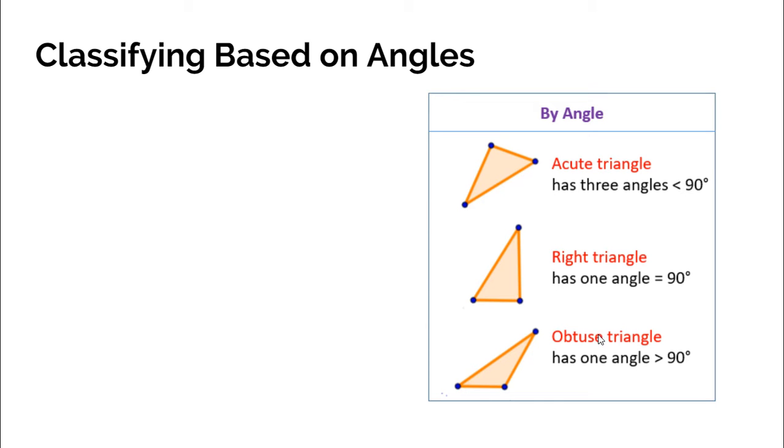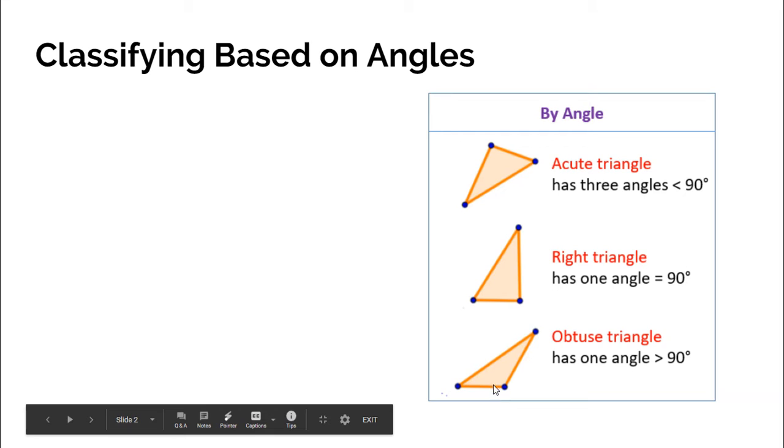And then an obtuse triangle means that one of the angles is larger than 90 degrees. So he's kind of tilted back here. This angle would be larger than 90 degrees. These two are acute, but this one is larger than 90. So then we're classifying this triangle based on this angle, which is obtuse.